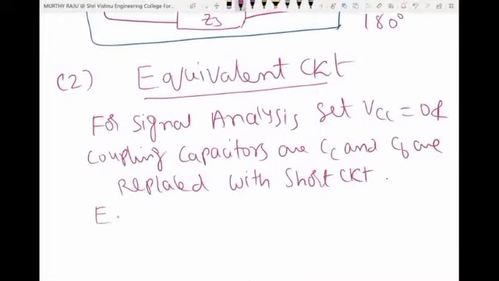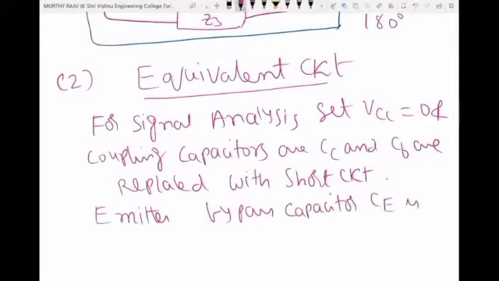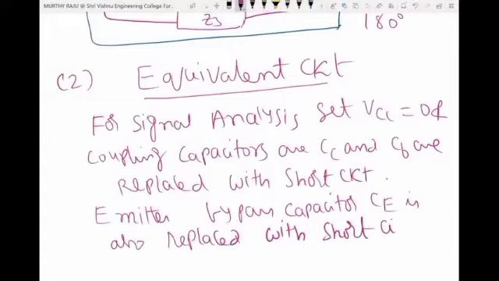Emitter bypass capacitor CE is also replaced with short circuit. Apply these assumptions.